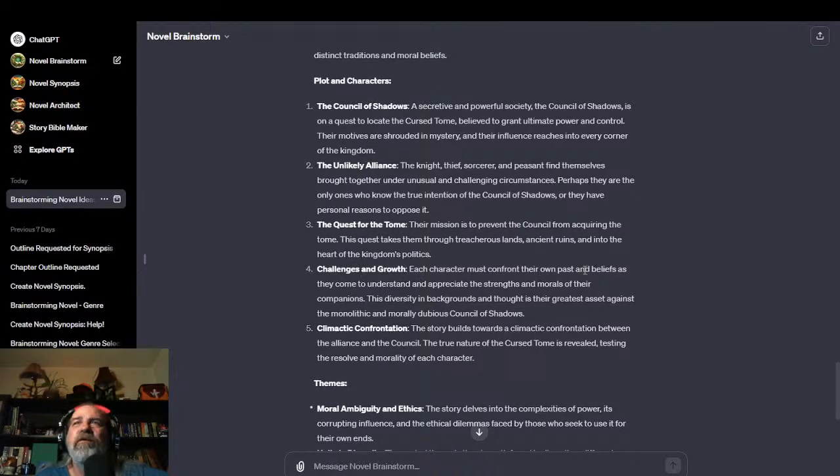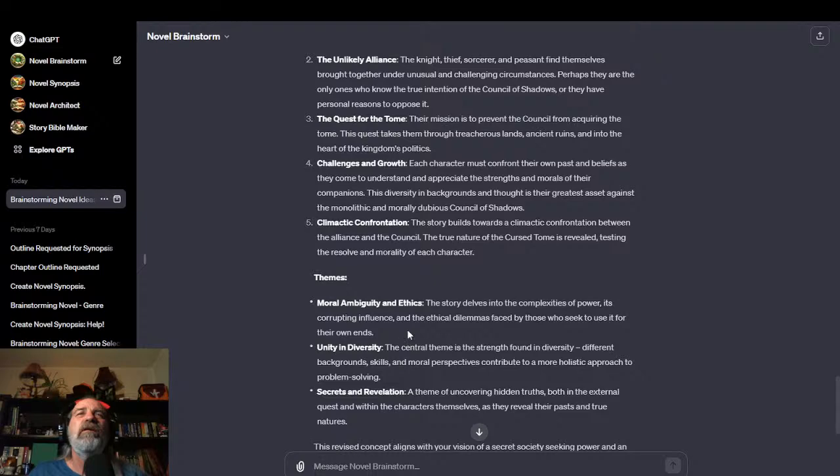Each character must confront their own past and beliefs as they come to understand and appreciate the strengths and morals of their companions. This diversity in backgrounds and thought is their greatest asset against the monolithic and morally dubious Council of Shadows. Climactic confrontation. The story builds toward a climactic confrontation between the Alliance and the Council. True nature of the Cursed Tome is revealed, testing the resolve and morality of each character.